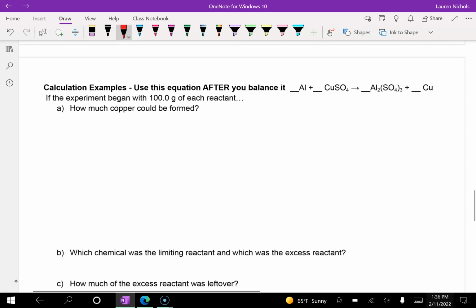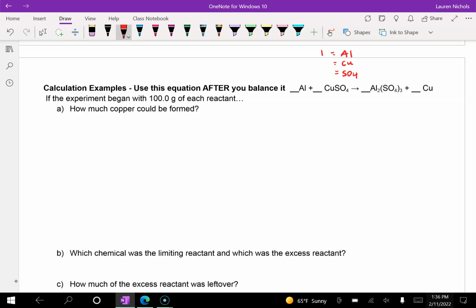So keep in mind, I'm going to do it above it, we have aluminum, copper, and I'm going to keep sulfate together. So if we look on the reactant side, we have 1, 1, and 1 of each of those, and on the product side we have 2 aluminums and 3 sulfates and 1 copper.